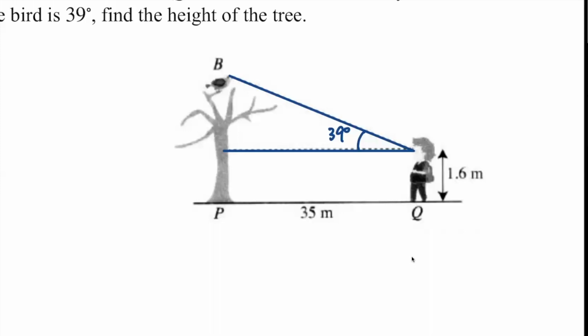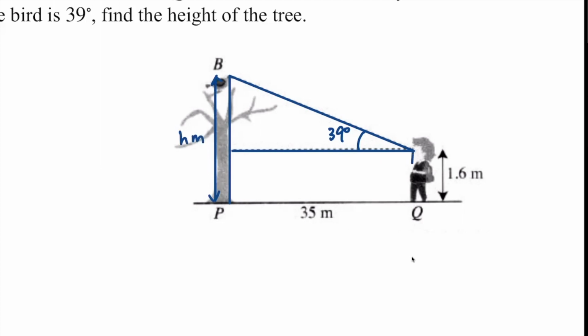Okay, now so what happens here is the question wants you to find the height of the tree. The bird is on top of the tree. So the question wants you to find this entire height. Let's call it H meters. Okay, now what other information do you have?